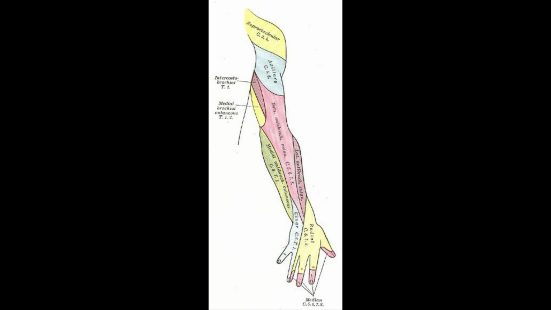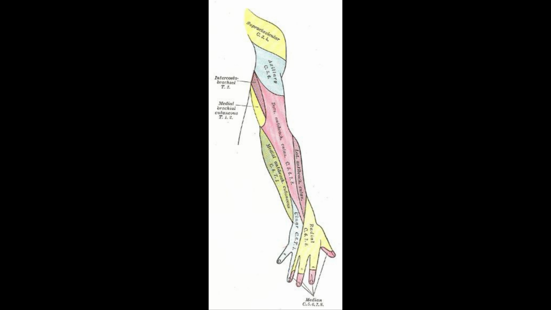Ulnar nerve is responsible for skin sensation perception from the medial aspect of the hand, starting from the medial half of the ring finger or the fourth digit. Median nerve on the posterior aspect is responsible for perception of cutaneous sensation only from the distal part of the lateral 3 and the lateral half of distal phalanx of fourth digit.